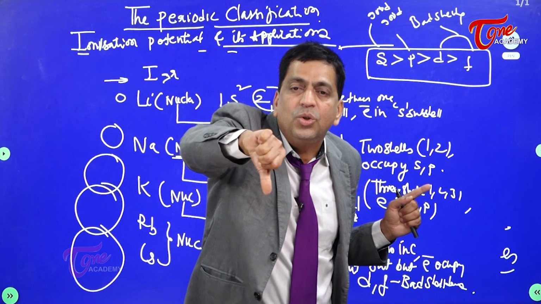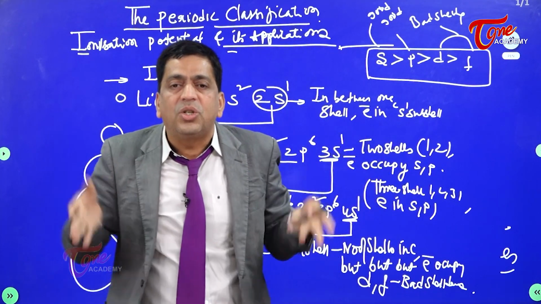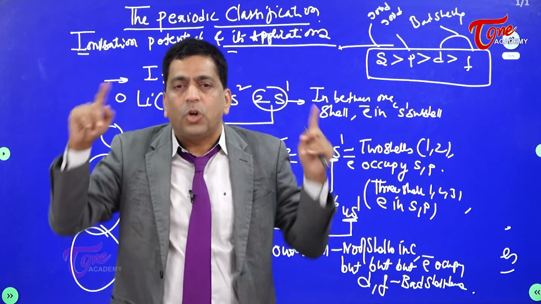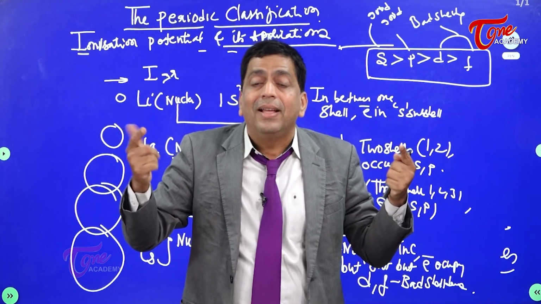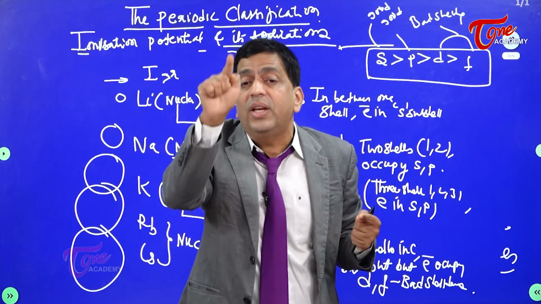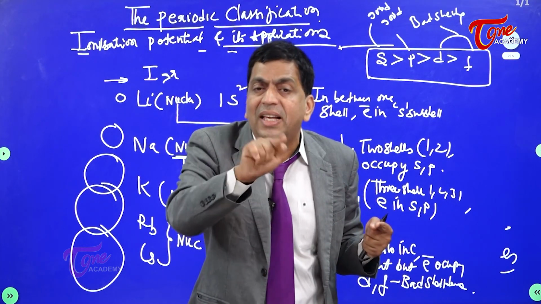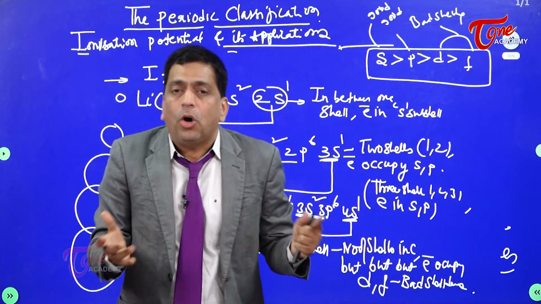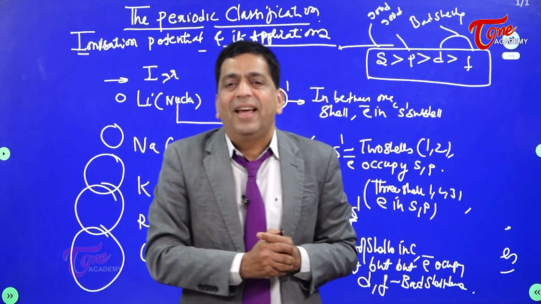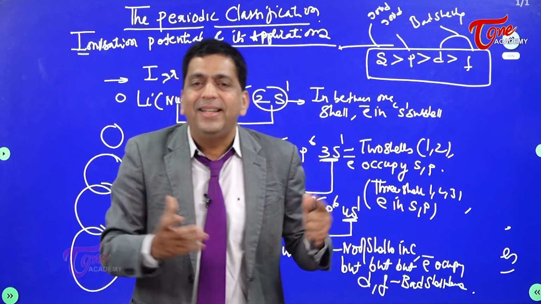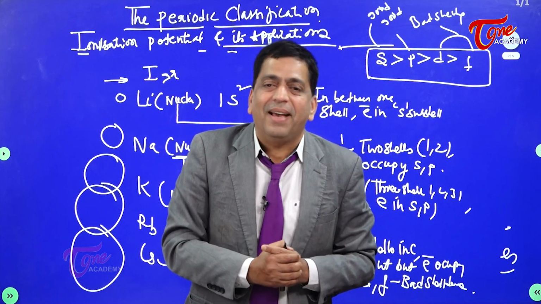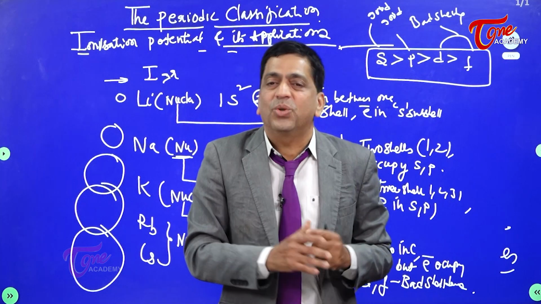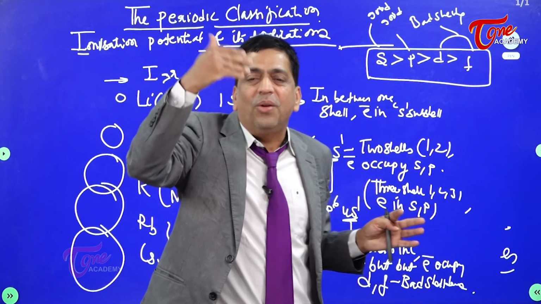Then the size decreases. Remember, I am not telling size is decreasing in a group. No, your teachers are correct. Top to bottom size increases. But the way it is increasing in the first three elements where you have electrons occupying S and P, that much increase you don't see down the group. Because the electrons are basically entering D and F, and when you enter D and F, the nuclear force of attraction penetrates through D and F because they are bad shielders and they fall on the outermost shell.